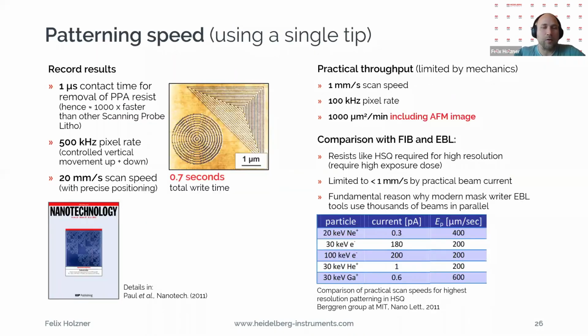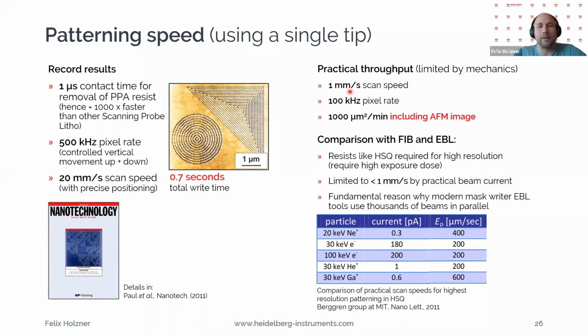So the question comes up, what's the limitation of our patterning speed? To make it short, in the end what limits us is mechanics. We have to move this tip accurately and fast by means of piezo motors and the electrostatic actuation of the cantilever. And that's in the end limiting our speed. As a rule of thumb, you can remember these numbers.